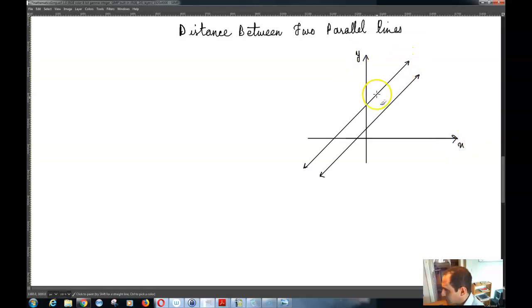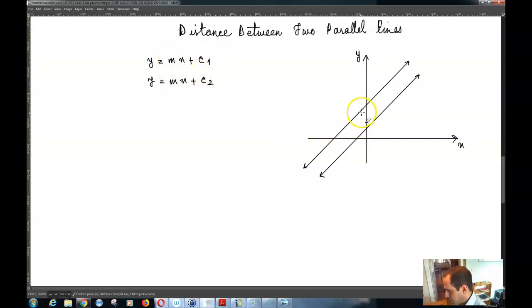These two lines, since they are parallel lines, they have the same slopes, so you can write their equations as y is equal to mx plus c1, for example, and y is equal to mx plus c2, meaning that they have the same slopes but different y-intercepts.